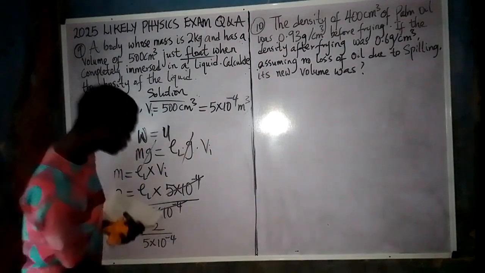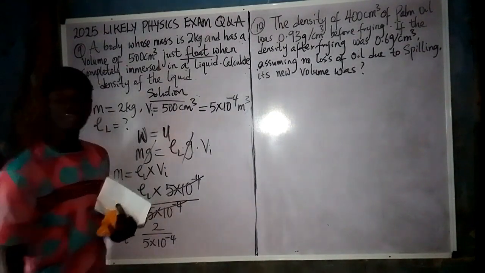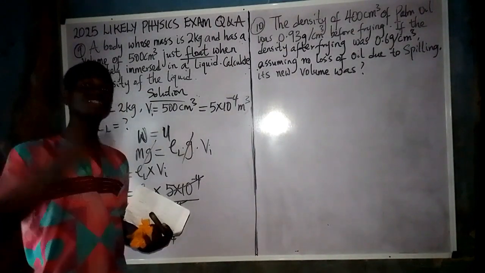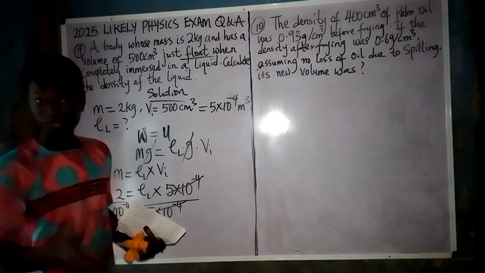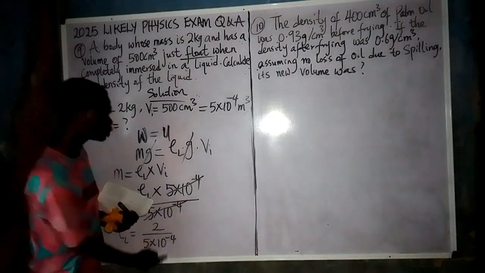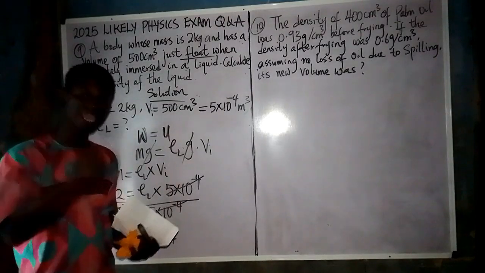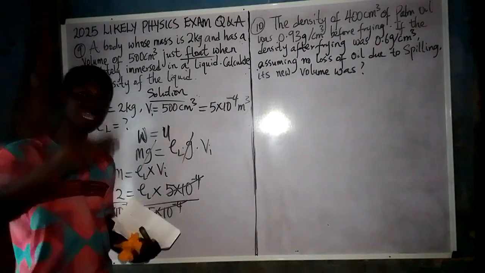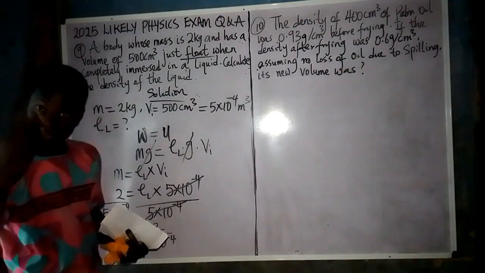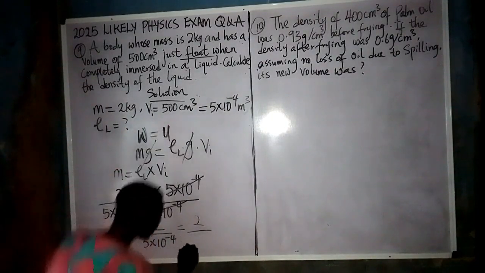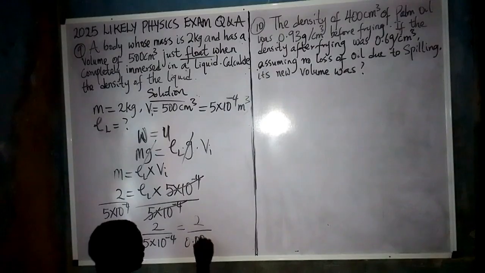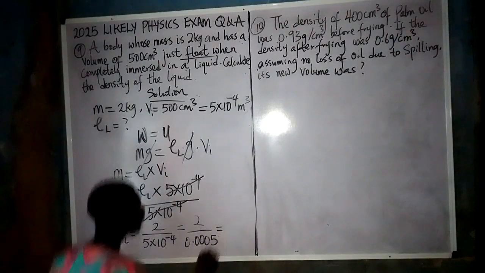If it was 5 times 10 raised to the power minus 5, I would say 0.00005. Are you seeing that? So because it's raised to the power negative 4, I will say 0.0005. Are you seeing that? Good. Now I can say it is equal to 2 over 0.0005.